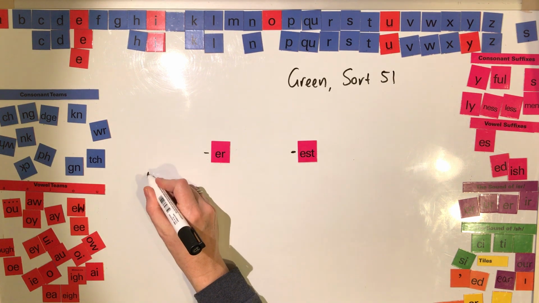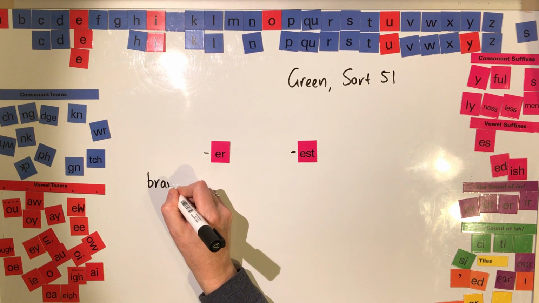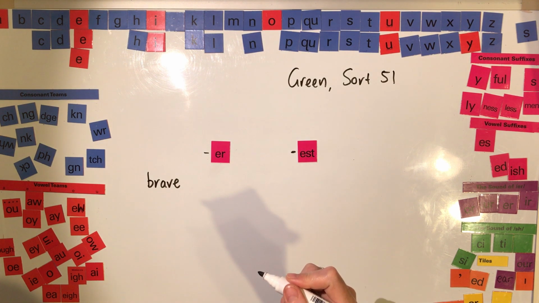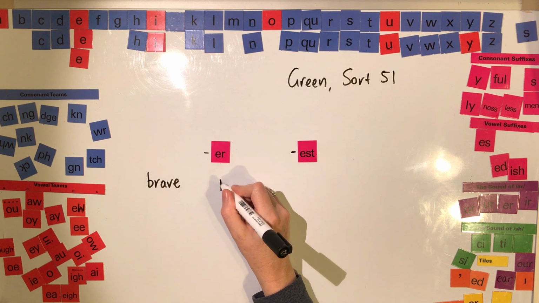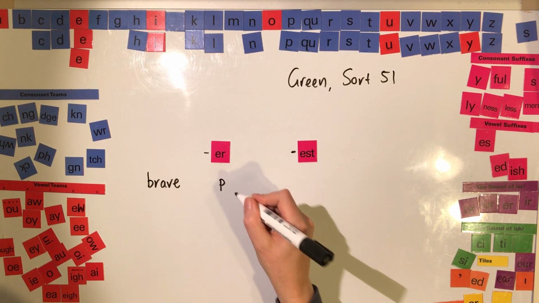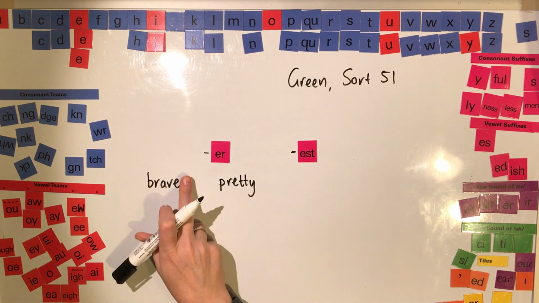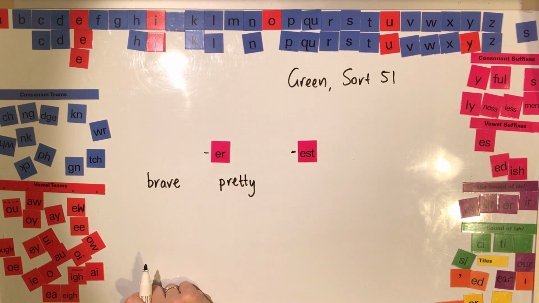That doesn't end in y, so that's our first base word. And then we're going to look at a base word that ends in y. So we're going to look at pretty. These are 2 base words that we're going to add er to.